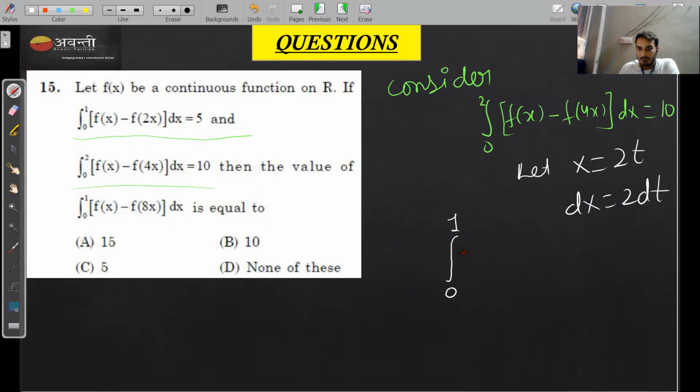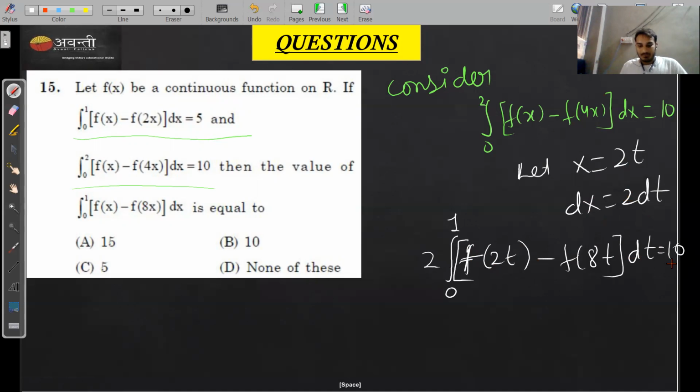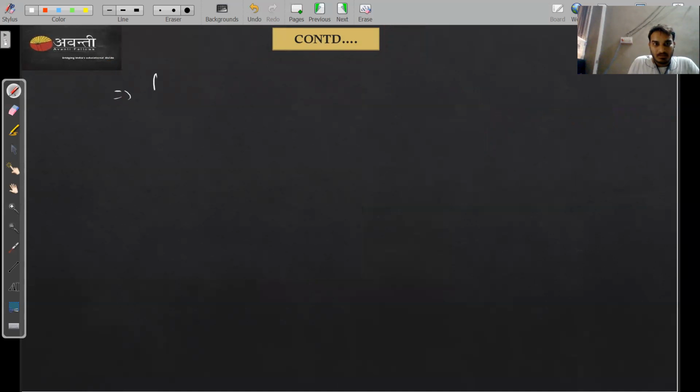So it's 0 to 1, and what is that? f of 2t minus f of 8t dt, and dx is 2 dt, so 2 will come outside, equal to 10. Yes or no? Now it becomes integration 0 to 1 f of 2t minus f of 8t dt equal to 5.